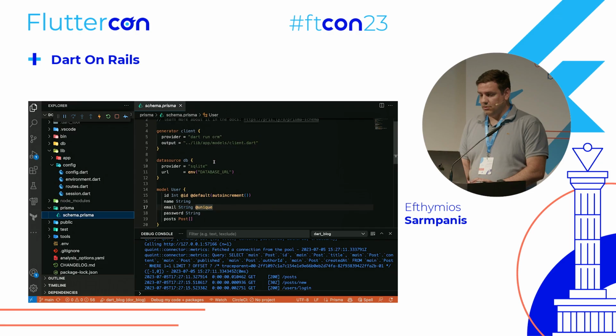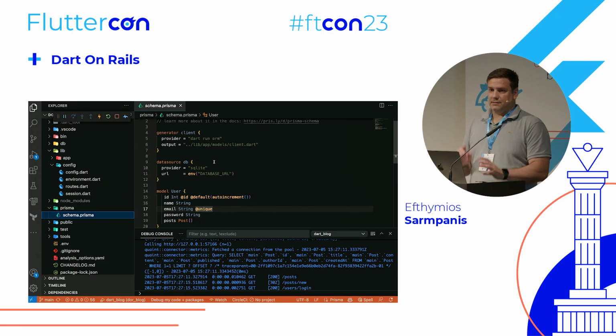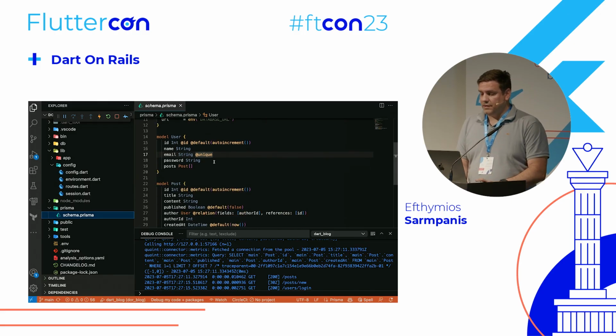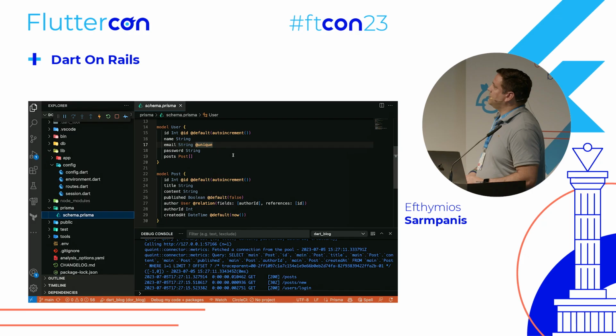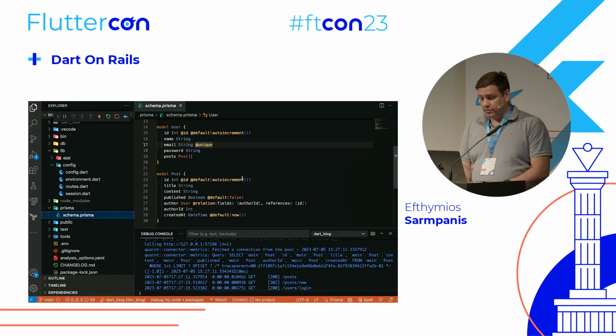And here you define what database you want to use, where this database is, where the output of the generated client you want to be, and also the schema of the database. So once you define the schema of the database, you can see this is just a straightforward schema, a user and posts, and a user can have many posts, and a post can have only one user.